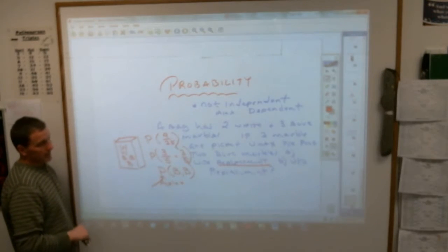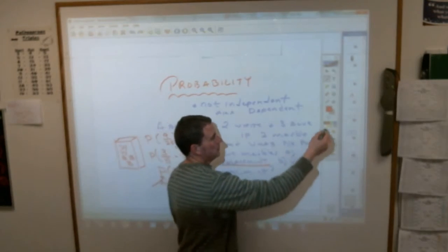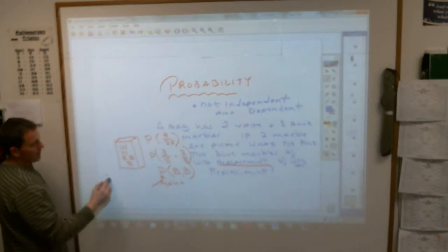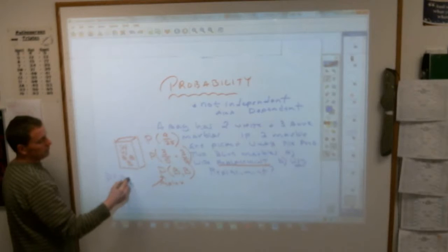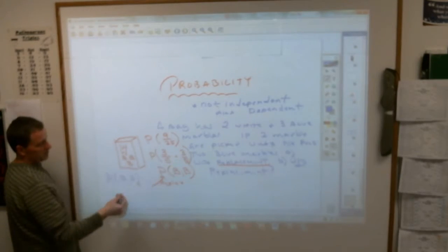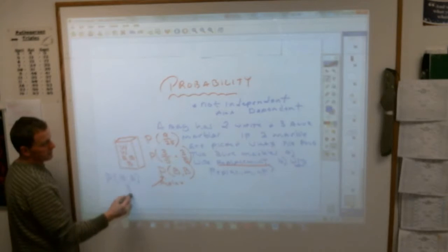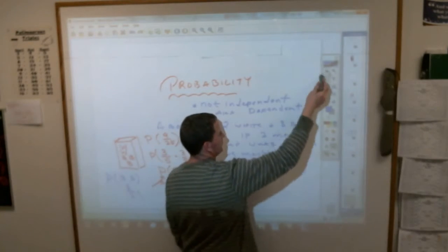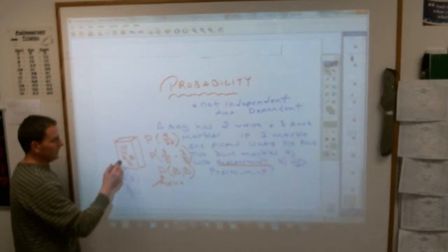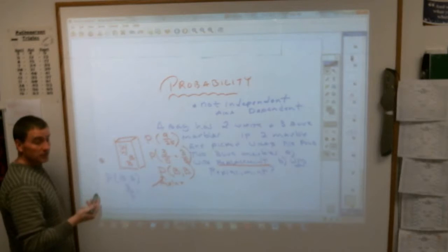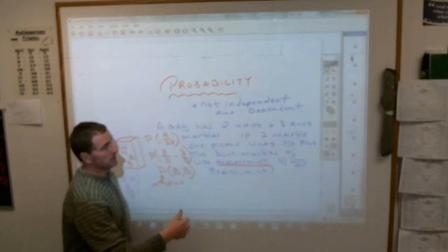Now, I have to do it again, and this time I don't replace it, without replacement. So I got probability still of blue and blue. The first time isn't going to matter because it's the same as it was before. I get 3/5. But this time, I take that blue marble out and I don't put it back in, that's going to change my second probability.